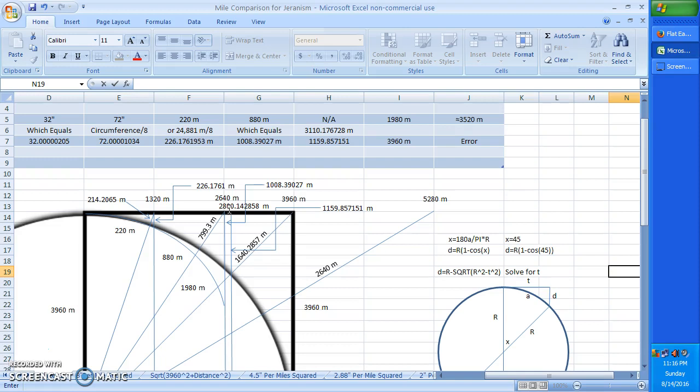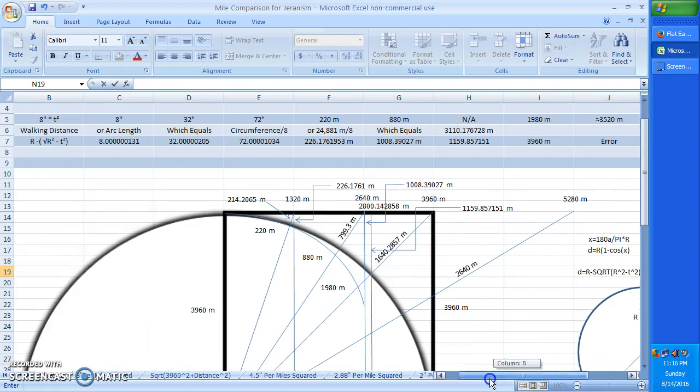What is the measure of that? 1,159.857151, or 1,159 miles. The length of this measure here is also the length of this measure here. And so we simply subtract 1,159.857151 from the distance of 3,960, and we come up with a tangent distance of 2,800 miles.